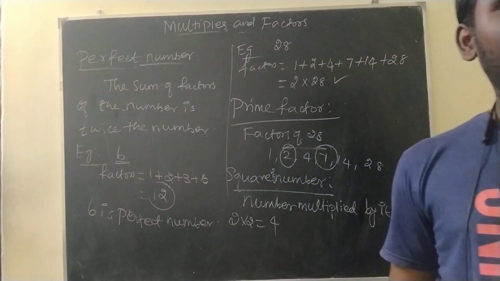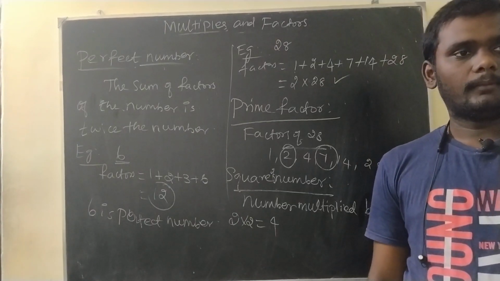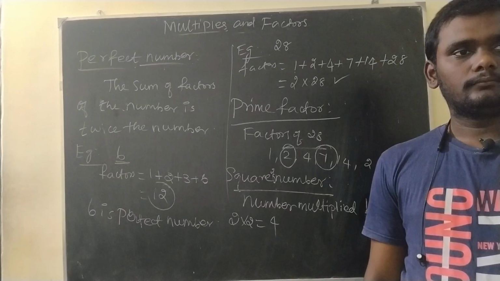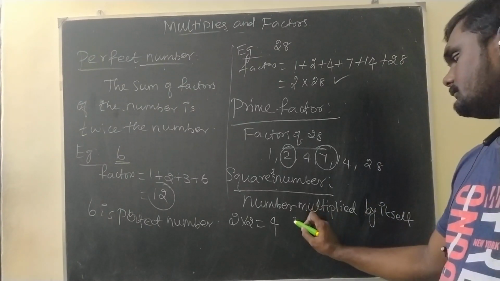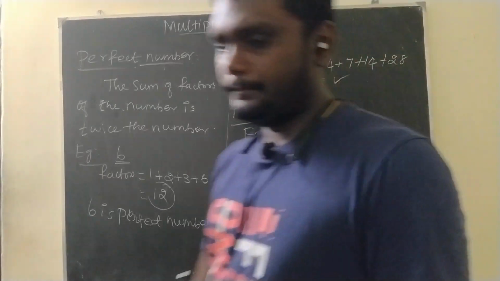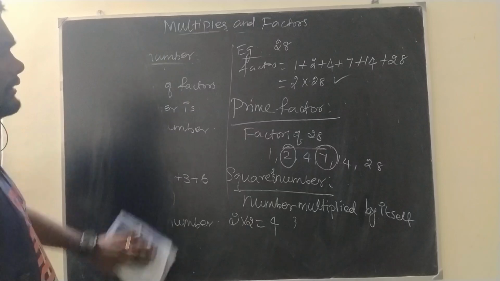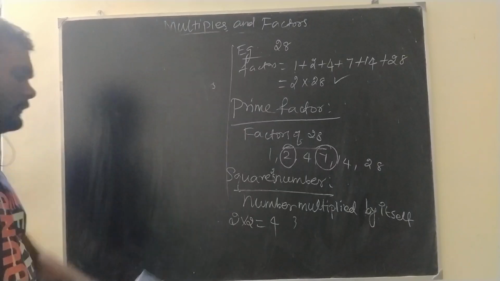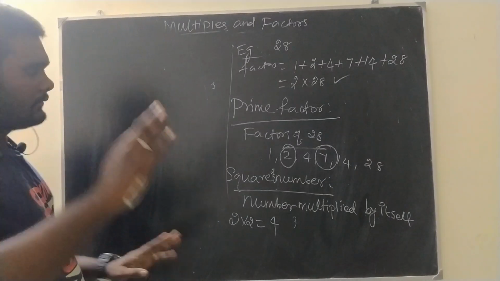Likewise 3 is there, 3 threes are 9. We'll list out up to 20. It is very important. Or else we have a separate session for square roots and all. By that we'll do. So first for 10 numbers we'll do.